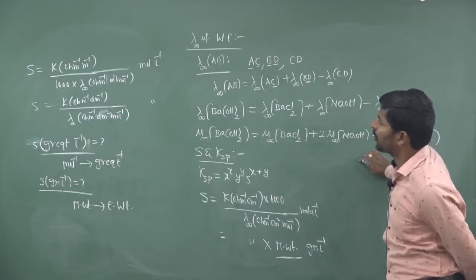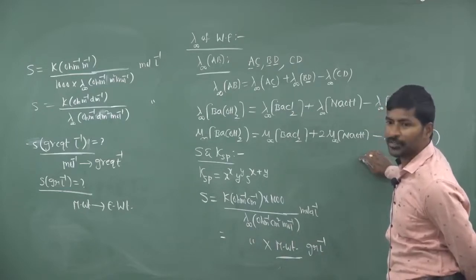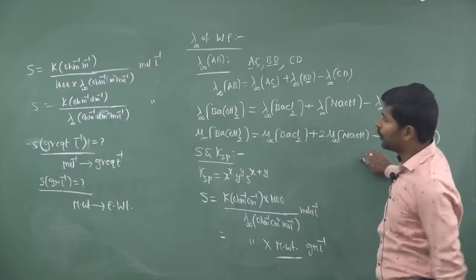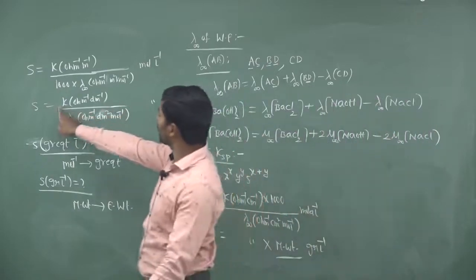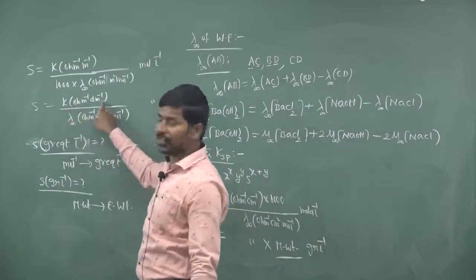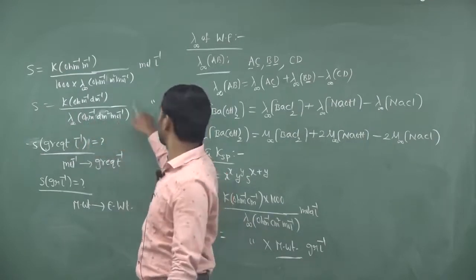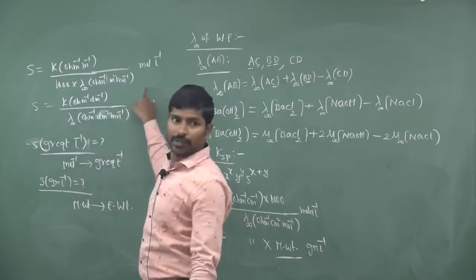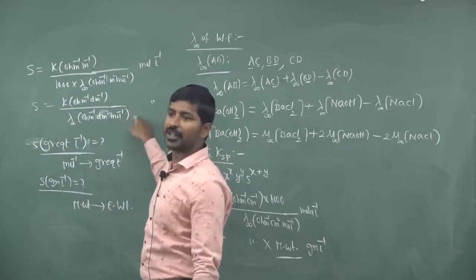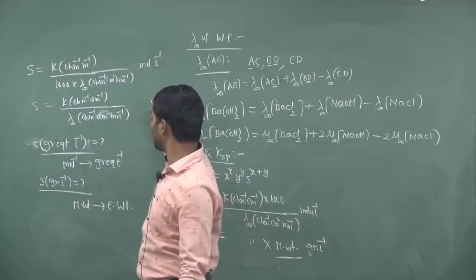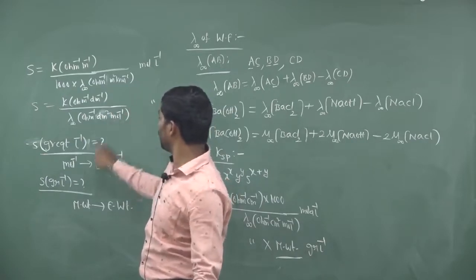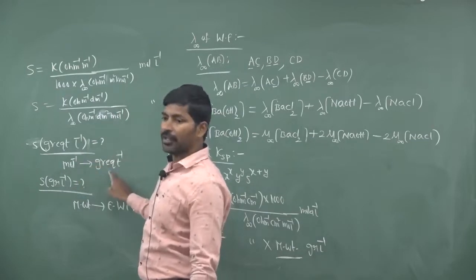For example, I have given data in ohm inverse decimeter square gram equivalent inverse. Then S is equal to K in ohm inverse decimeter inverse by lambda infinity in ohm inverse decimeter square gram equivalent inverse. Then what do we get here, moles per liter or gram equivalents per liter? Gram equivalents per liter, because mole inverse I have replaced by gram equivalent inverse.